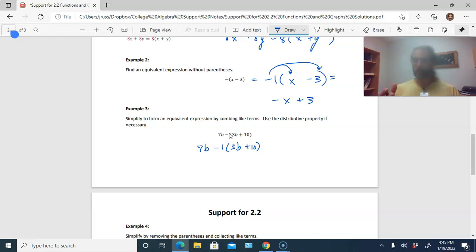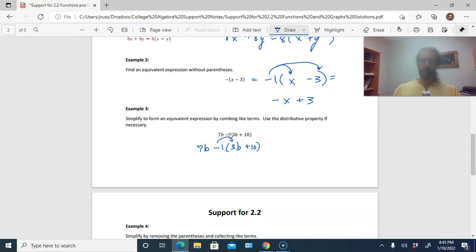So the first thing I'm going to have to do is distribute that negative 1. And this is very common. When you're simplifying an algebraic expression like this, if you have parentheses in it, and there's more than one term in those parentheses, and you cannot combine the terms, chances are you're going to have to distribute something through those terms before you can take away the parentheses.